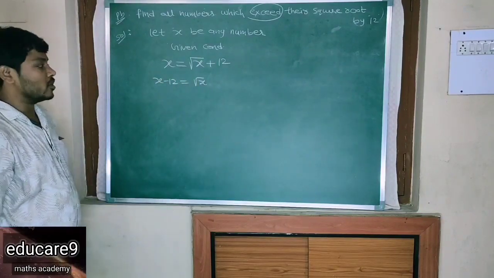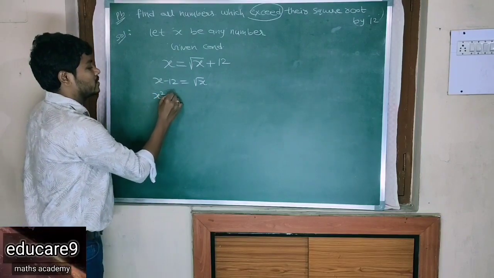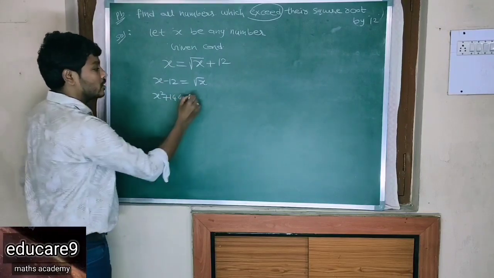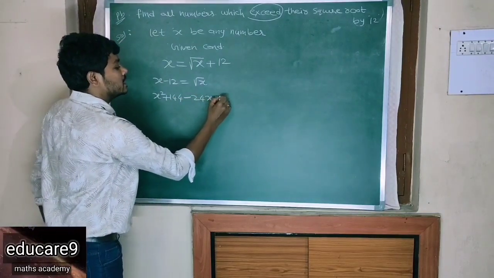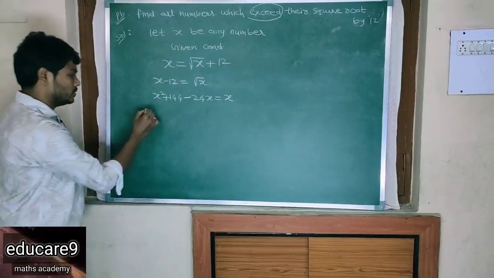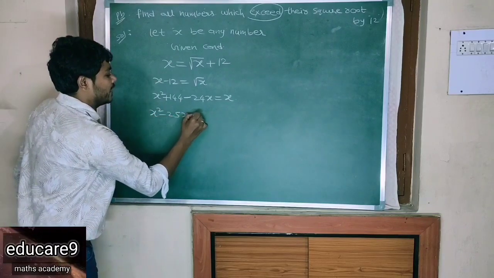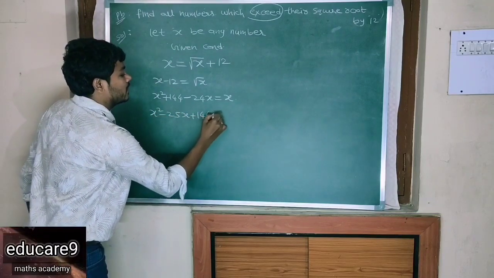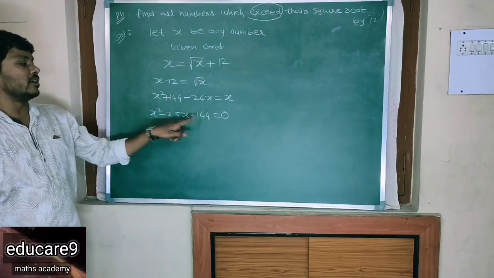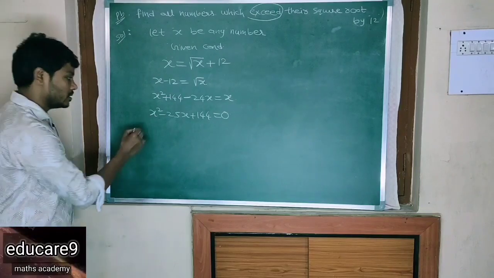Now squaring on both sides, so what do you get? x square plus 144 minus 24x is equal to x. Now this is x square minus 25x plus 144 is equal to 0, which is a quadratic equation. Now we have to find the roots of this equation.